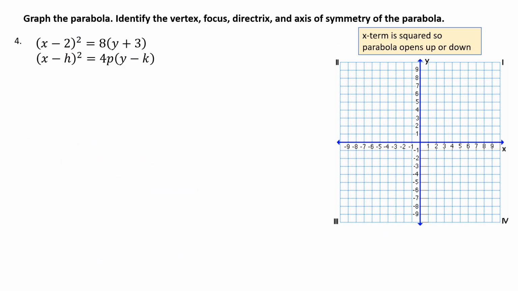Let's move to the next example. In this example, the x term is being squared, so the parabola opens up or down. Now, the vertex is (h, k).